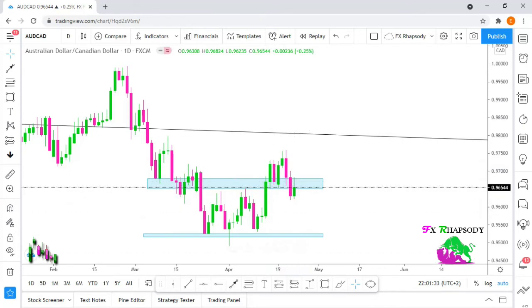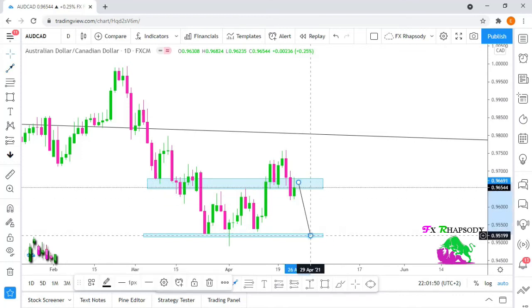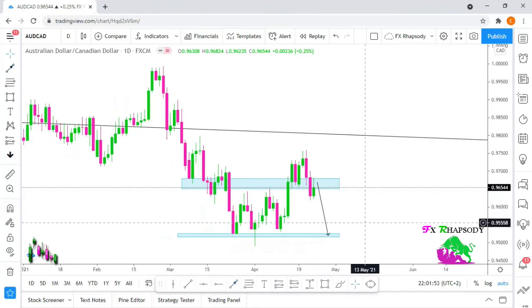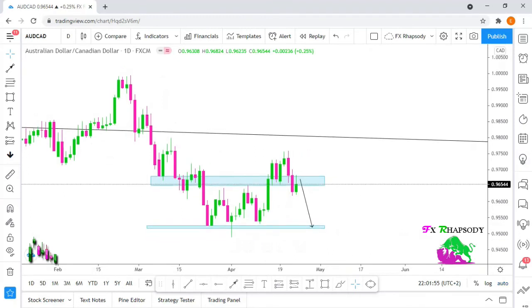So when the market opens, I would look at what price is doing in this area over here, where it's currently at. If you drill down to a 4 hourly, even a 1 hourly, we might expect price to go from here down to test that support area at the bottom.